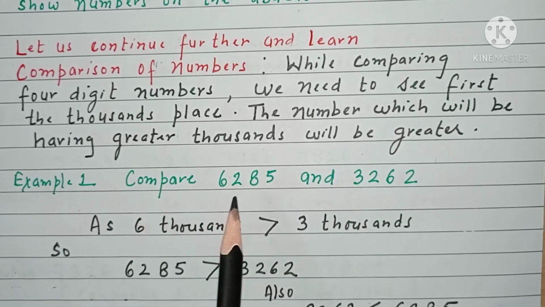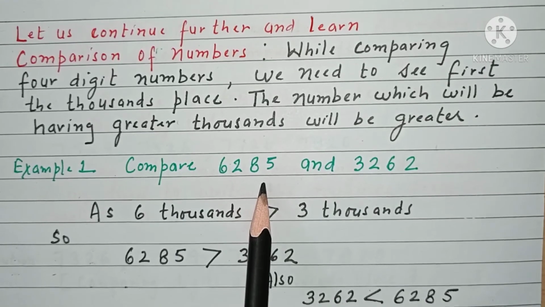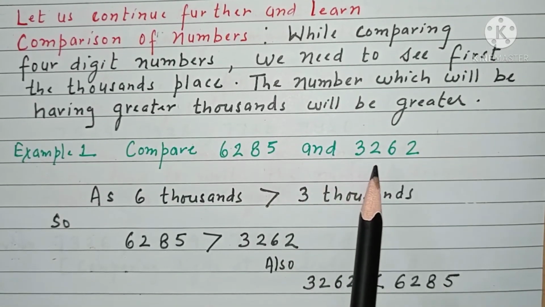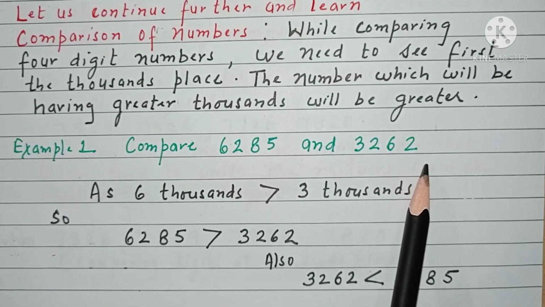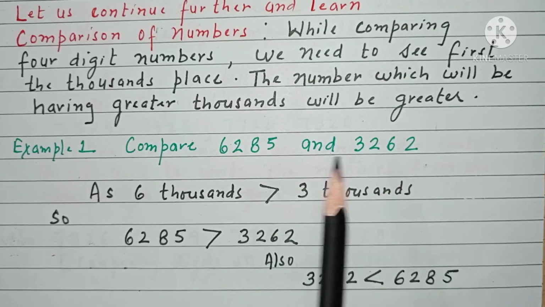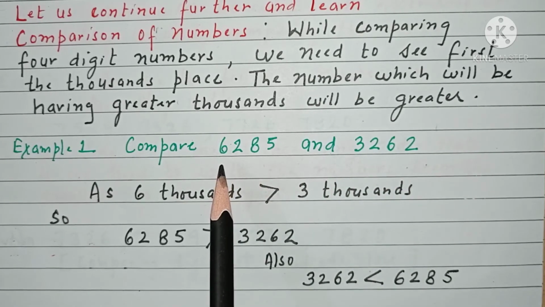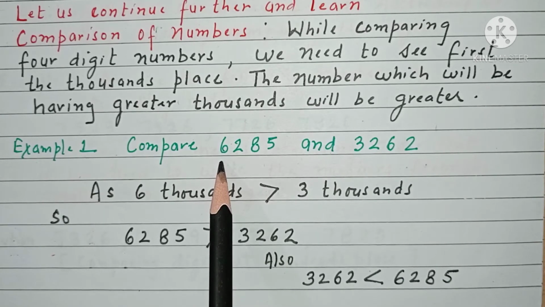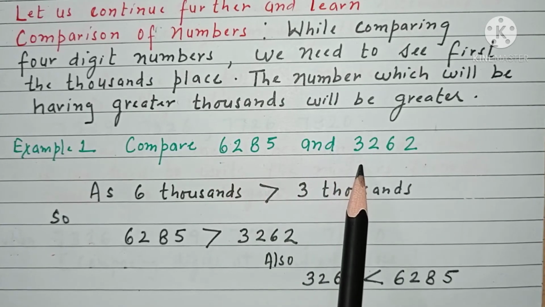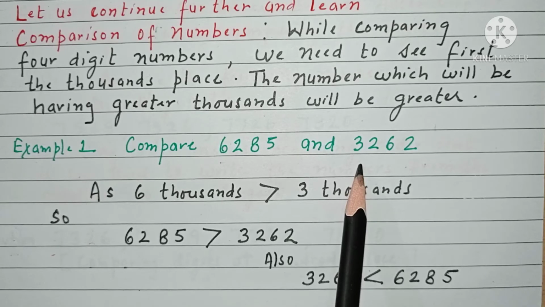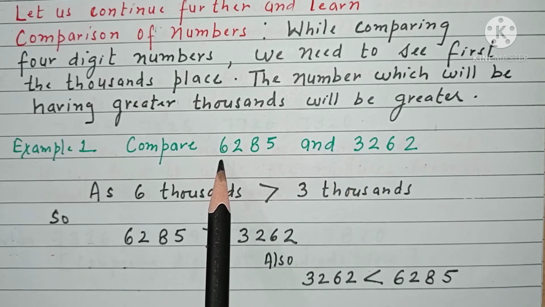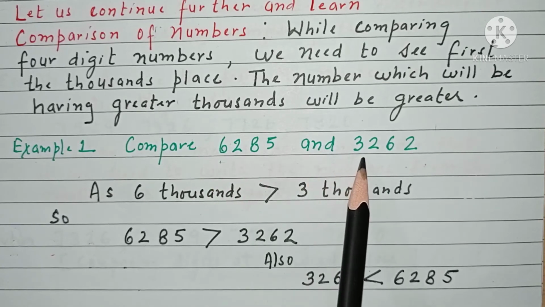We have to compare 6285 and 3262. Now children, see the thousands place of these 4-digit numbers. As 6 thousands is greater than 3 thousands, we'll be just comparing the thousands place first. So 6,000 is greater than 3,000.